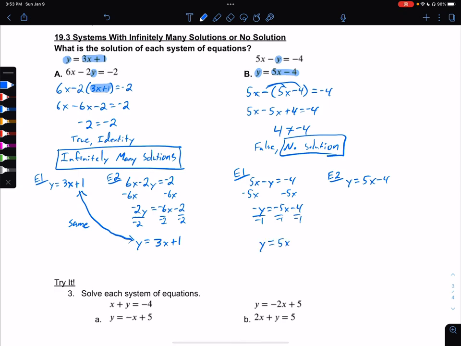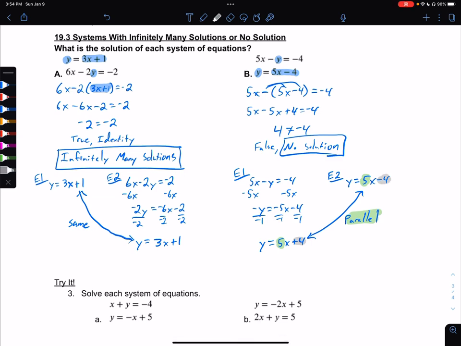So I'd get y equals 5x plus 4. And what we want to notice here is that these two have the same slope, so they're parallel to each other. Right. The y-intercepts are different, which needs to be the case.